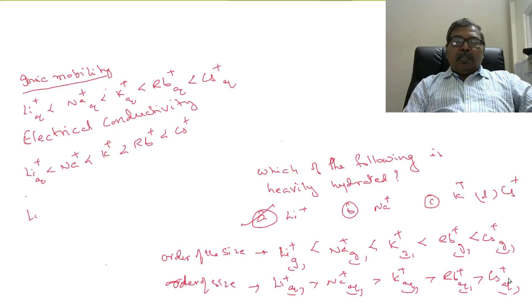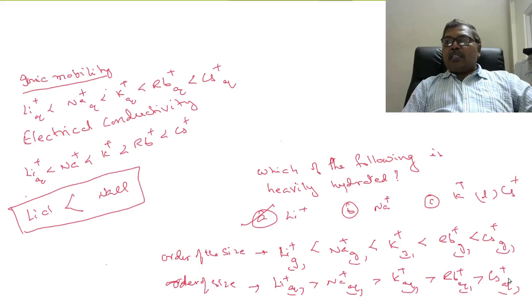For example, LiCl and NaCl, which is a good conductor of electricity? NaCl is a good conductor because electrical conductivity depends on Na+ and Li+, since in both cases Cl- is the same.